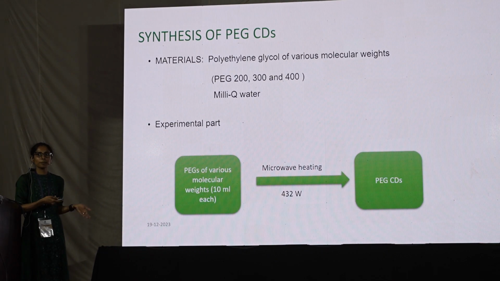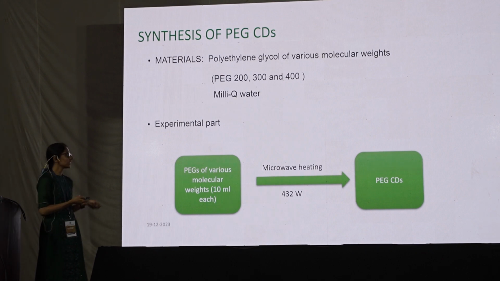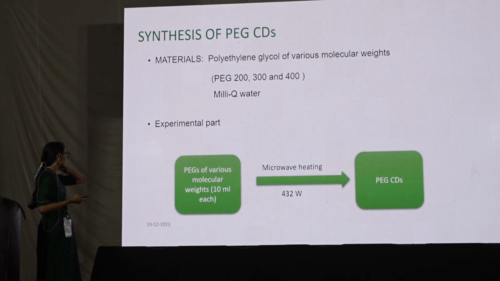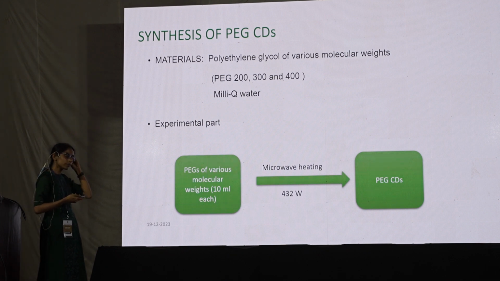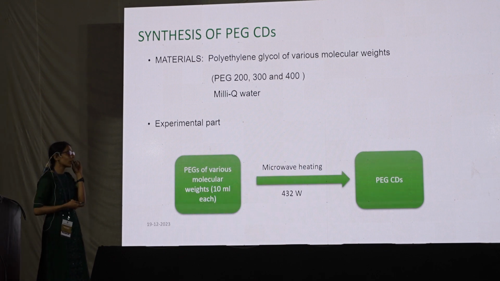Moving to the experimental part, as I mentioned, it's a very simple microwave assisted method. First we take polyethylene glycols of different molecular weights, say 200, 300, and 400.